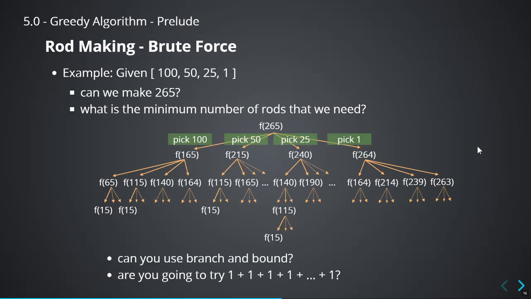Are you going to try 1, 1, 1, 1, 1, 1, and so on? Probably not, because let's say you pick 50, then you pick 50 again. Let's say you pick 50 5 times, you have 250, and then you pick 1 15 times. So how many coins is that? 15 plus 5, 20 coins. You have 20 coins.